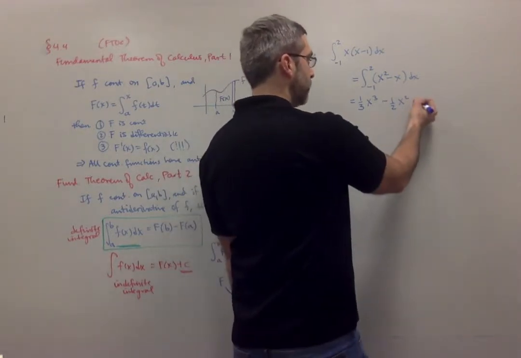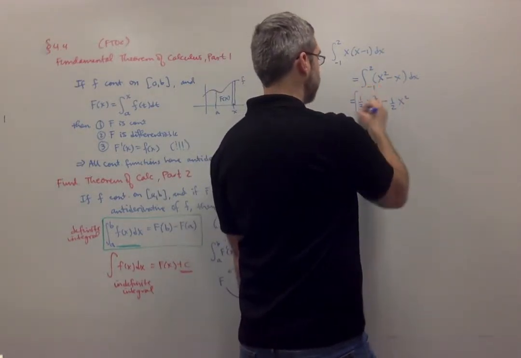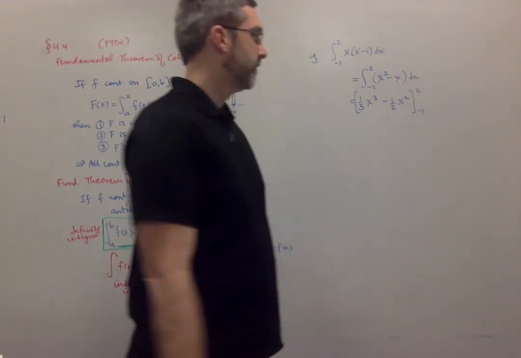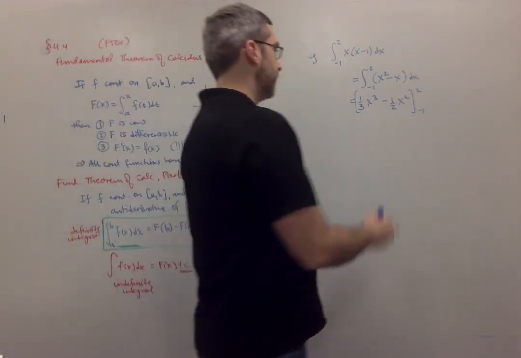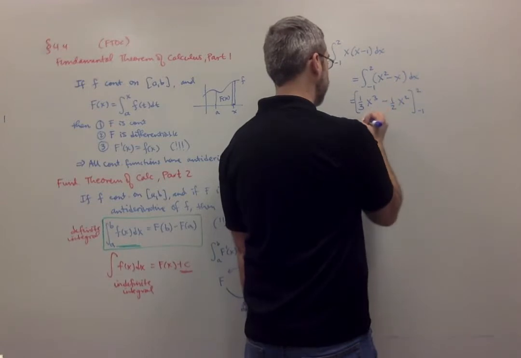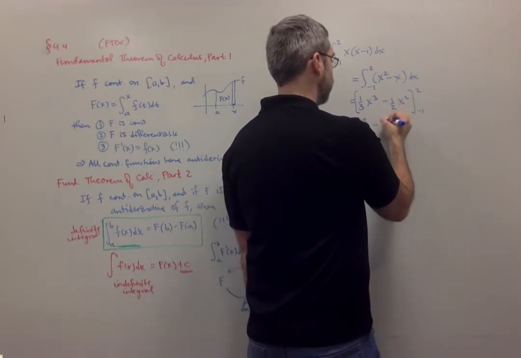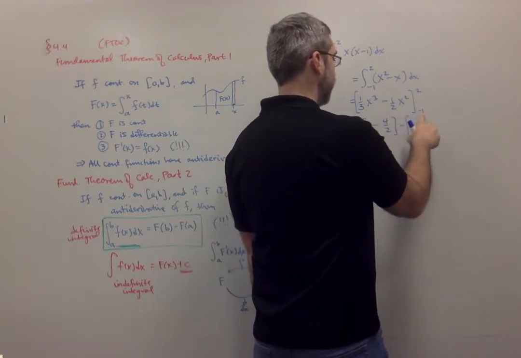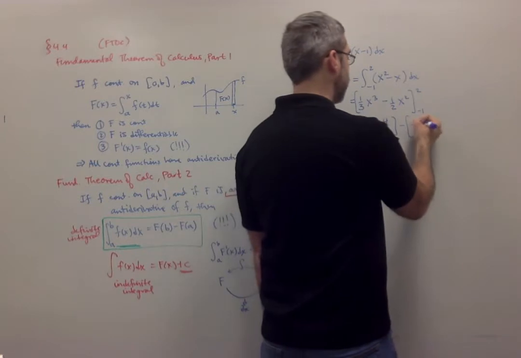And again, I could put the plus c on there, but it doesn't matter, so I'm not going to do it. Now I'm going to plug in 2 and plug in negative 1. If I plug in 2, I get 8/3 minus 4/2, minus, now let's plug in negative 1. Negative 1 cubed is negative 1, so I get negative 1/3 minus 1/2.